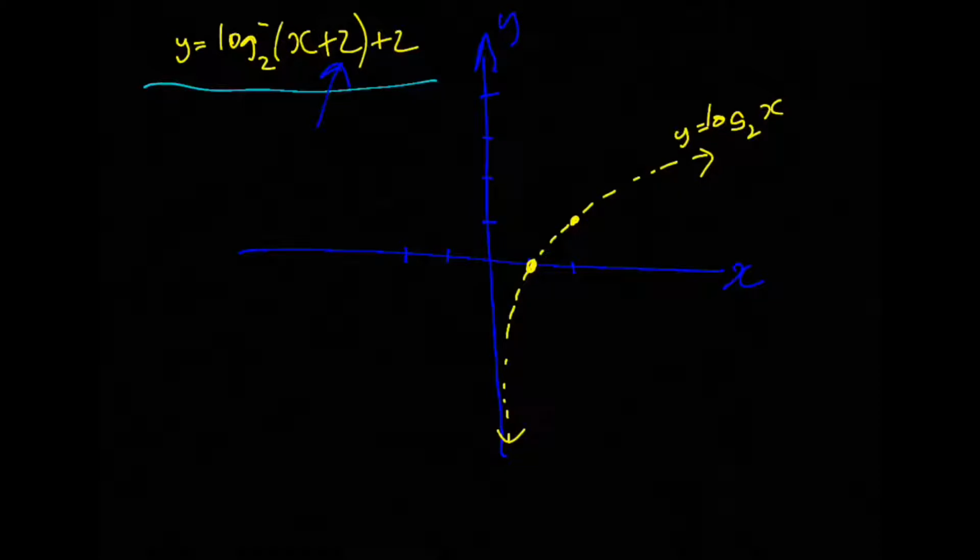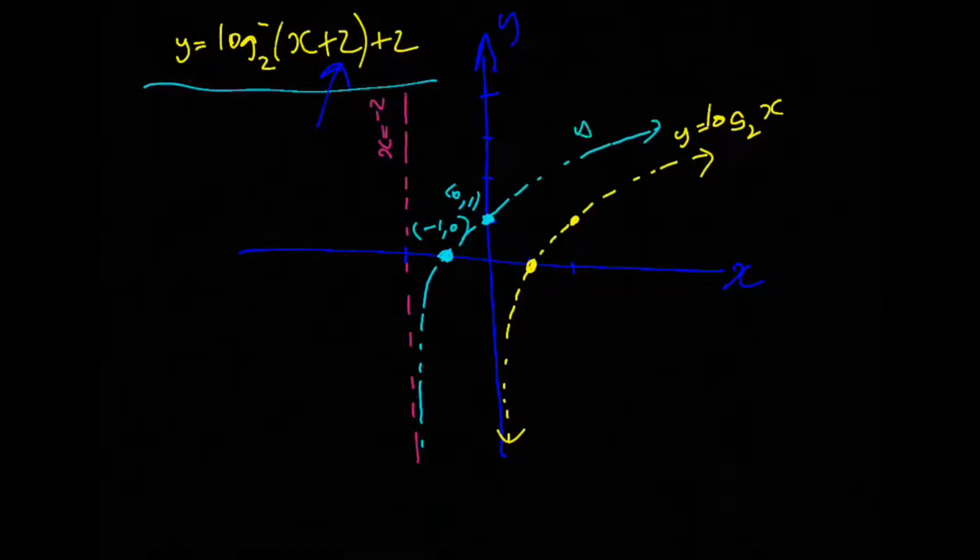So (1, 0) becomes (negative 1, 0), and (2, 1) becomes (0, 1). And our x equals 0 asymptote becomes x equals negative 2. So then graphing that translation, we've got y equals log to the base 2 of (x plus 2).